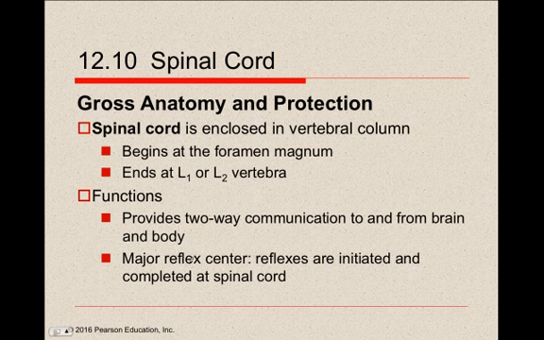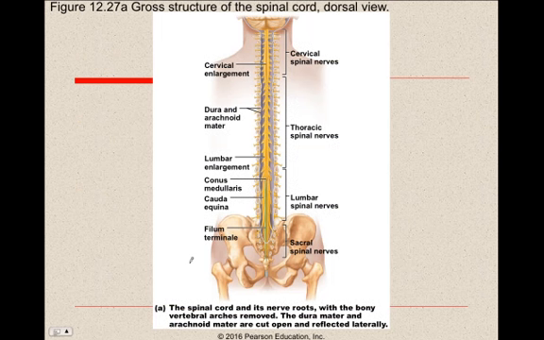Some of the major functions for the spinal cord, again, provide two-way communication to and from the brain. Major reflex centers, we already talked about that in the last slide. So here you can see the spinal cord, and you can see there are all of these spinal nerves that are entering, exiting. And I say entering, exiting because each spinal nerve will contain a mix of sensory and motor neurons.